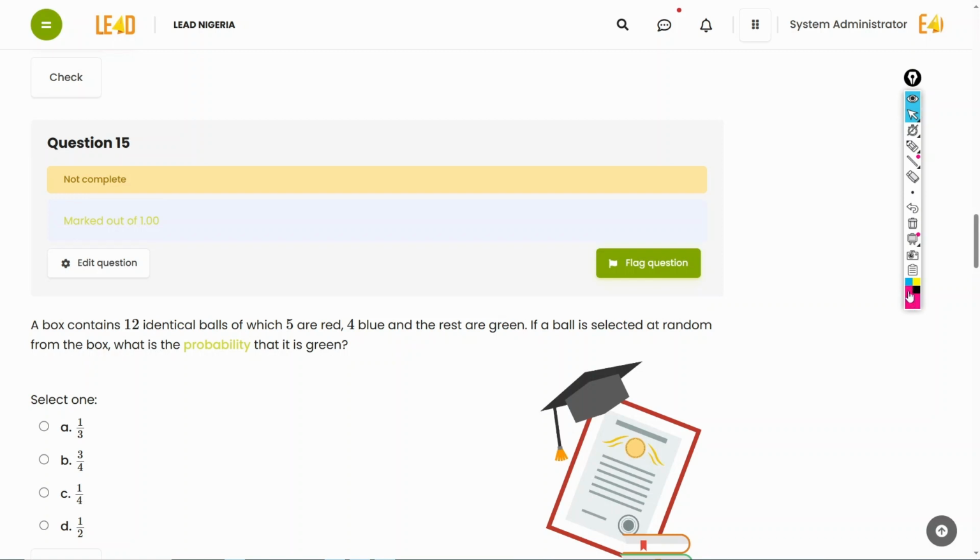We have 5 red: 1, 2, 3, 4, 5. We have 4 blue: 1, 2, 3, 4. And the green, we have 3 green.